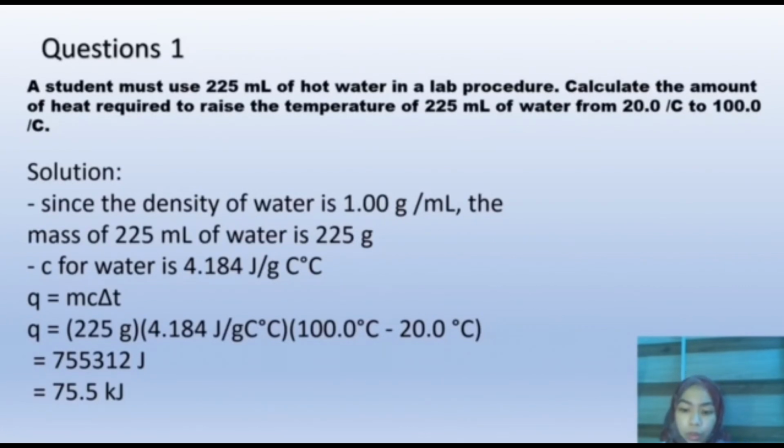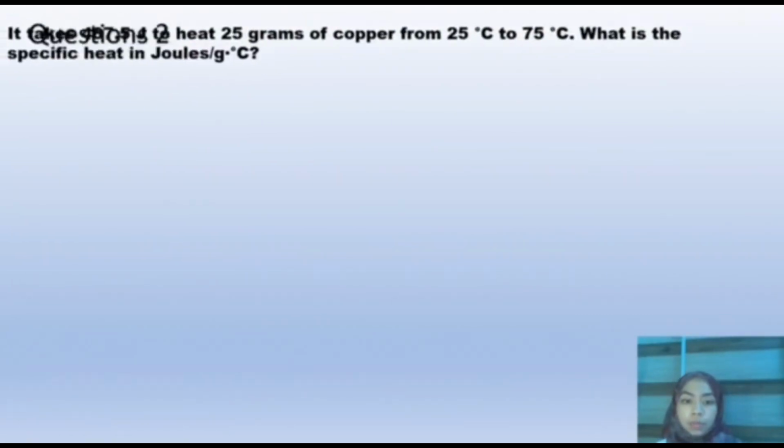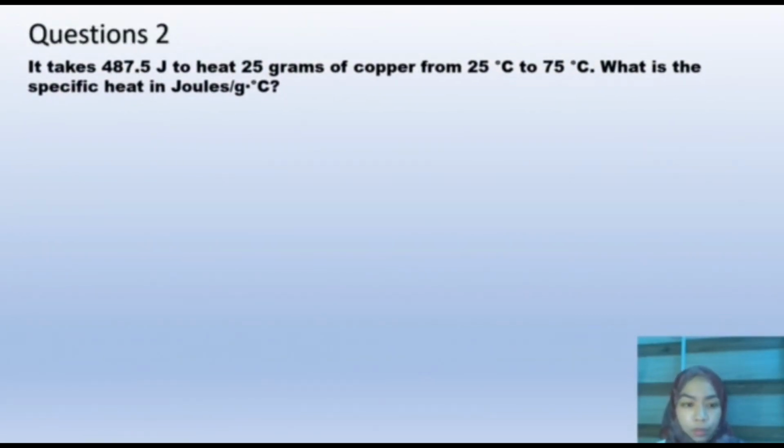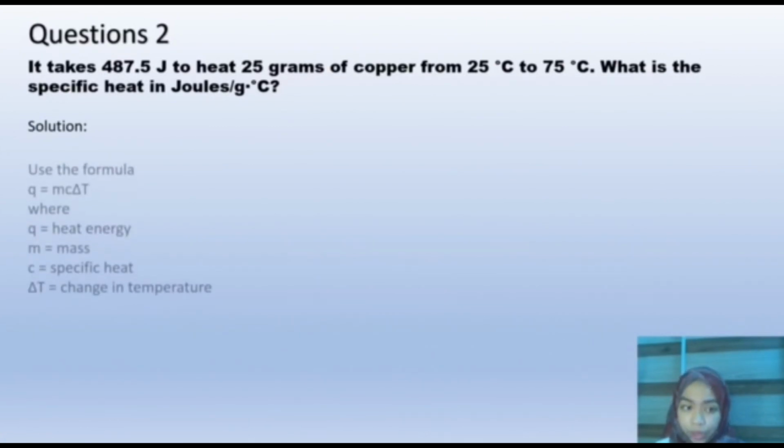Next, we move to question number 2. What you want is the specific heat in joule per gram Celsius. For the solution, you need to list all of the information given.